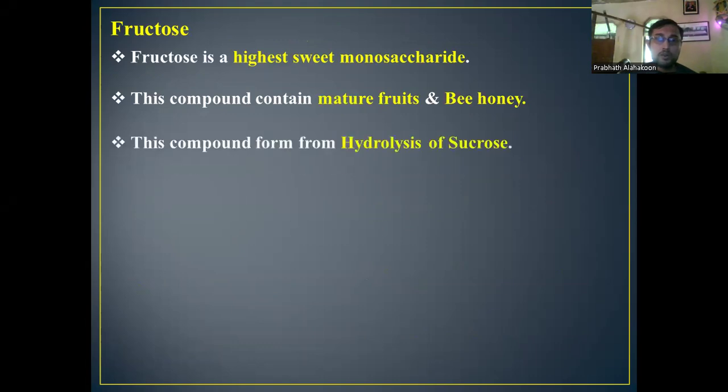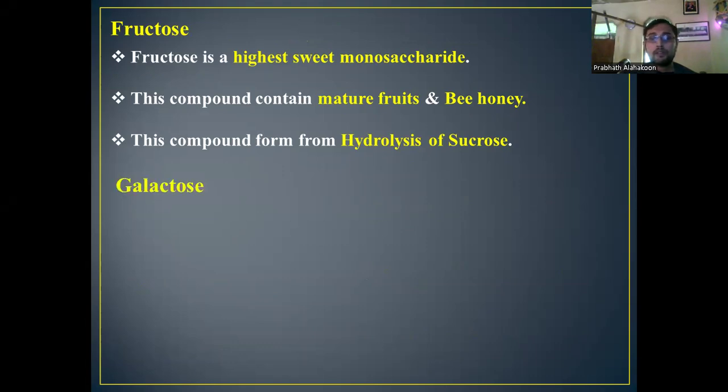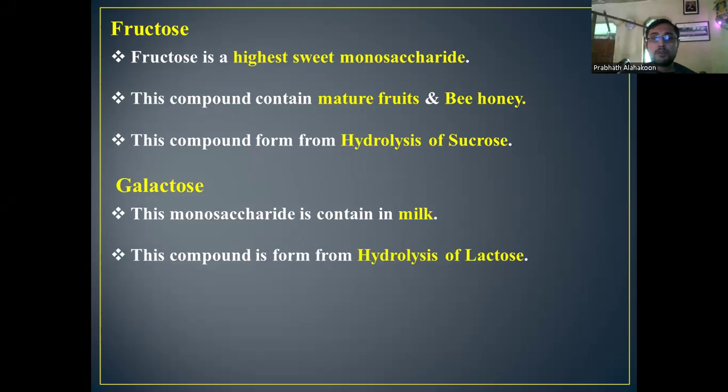It is formed from hydrolysis of sucrose. The next monosaccharide is galactose. This monosaccharide is contained in milk. It is formed from hydrolysis of lactose. Lactose is a disaccharide.